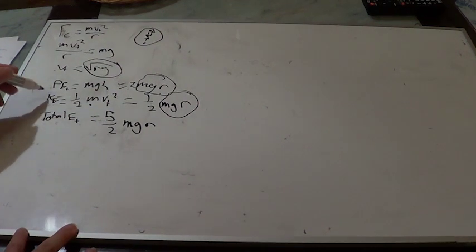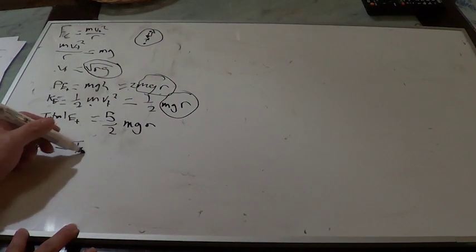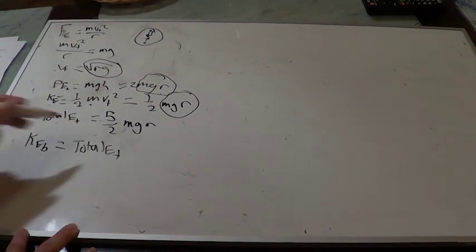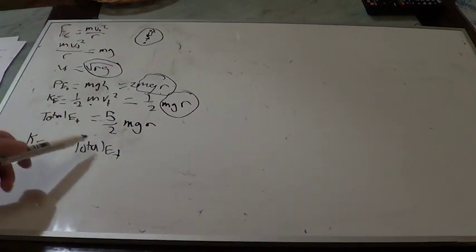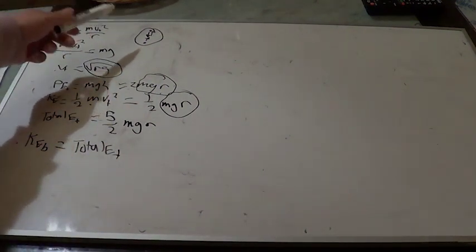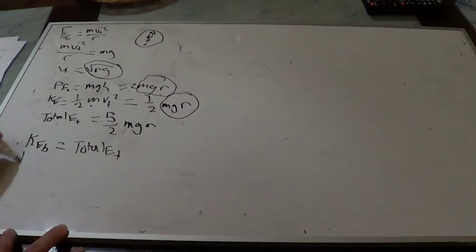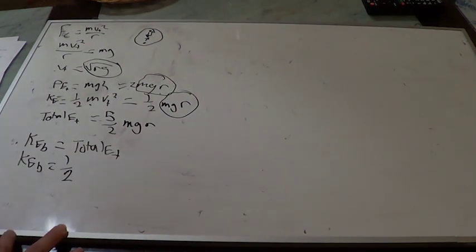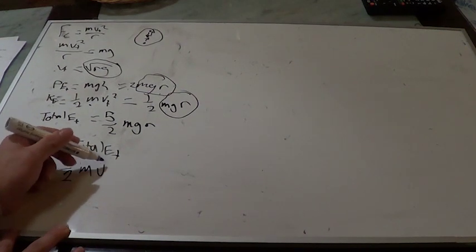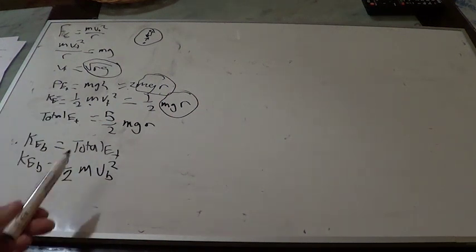The kinetic energy at the bottom is equal to the total energy at the top, because the kinetic energy from here is transferred to some of the potential energy up there. Here we use Vb because it's a different variable, at the bottom.